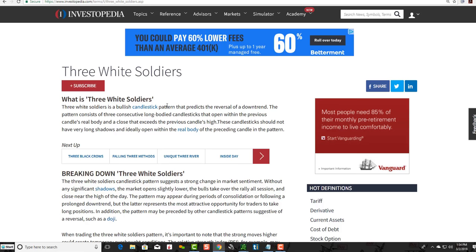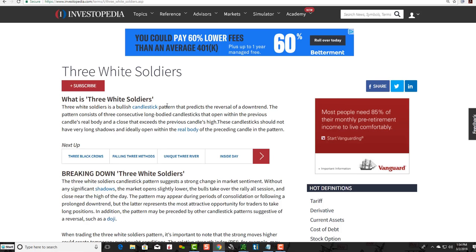So what is three white soldiers or three advancing soldiers? Three white soldiers is a bullish candlestick pattern that predicts the reversal of a downtrend. The pattern consists of three consecutive long-bodied candlesticks that open within the previous candle's real body and close above the previous candle's high.